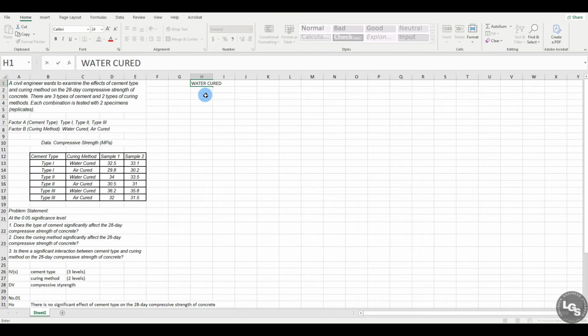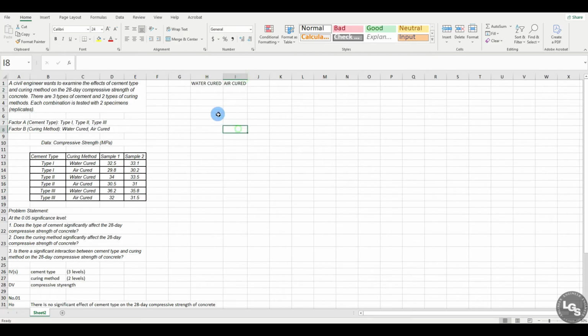Water cured, then we have air cured, then each curing method uses the three types of the cement. So for type 1, type 2, and type 3. So each combination has two samples.